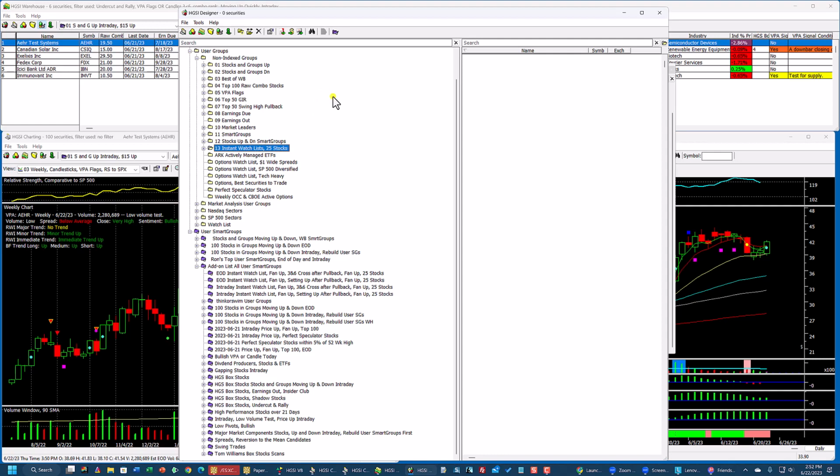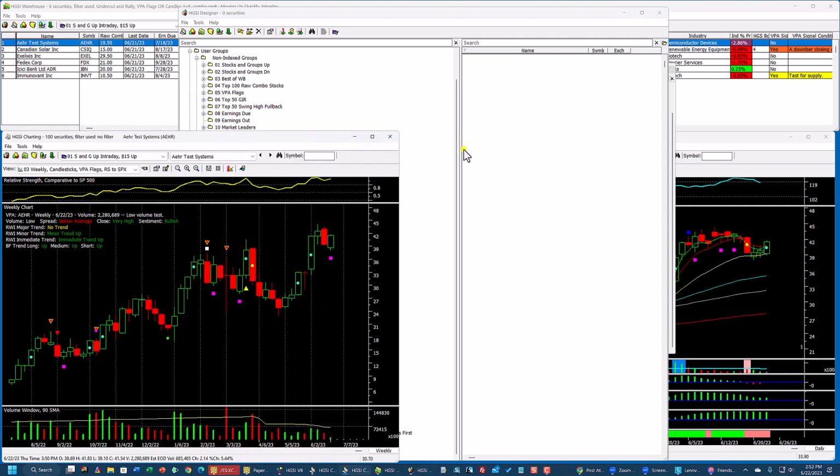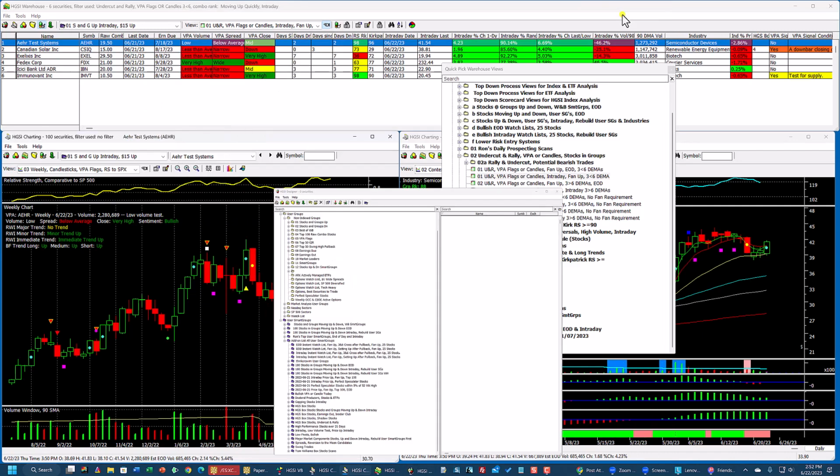My purpose will be to look at the ones that did go to the long side, and when did they go? Why did they go? Was it the crossover? Were there pocket pivots? Was it the volume point of control? Was it VPA? You name it. We will be able to analyze.